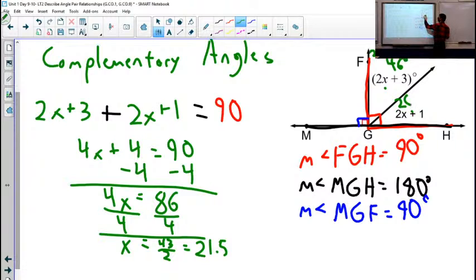Same idea here, 21.5 in for x. And this time we have the 43 again, plus 1 this time is 44. And I get 46 and 44. If I add them together, lo and behold, 90. So everything's working the way it's supposed to.